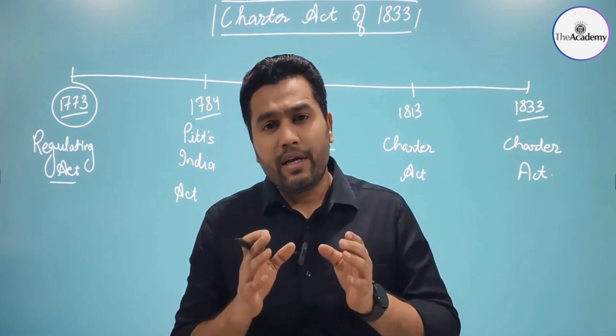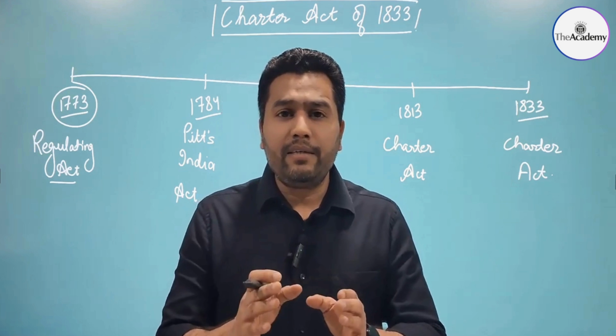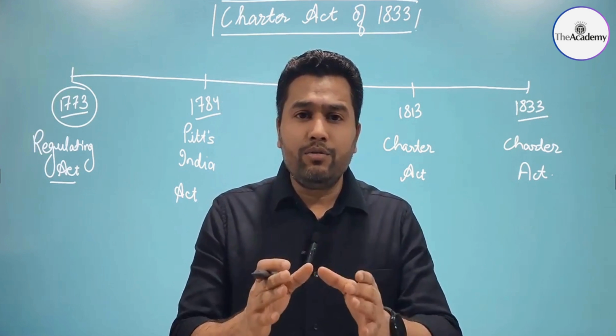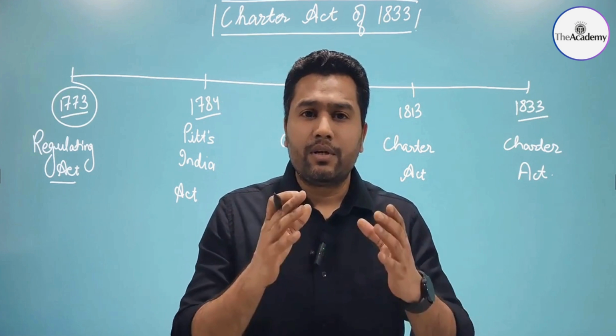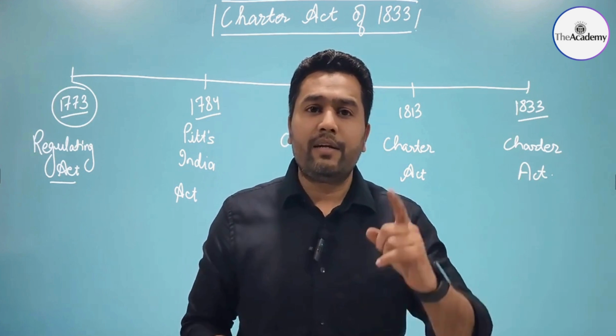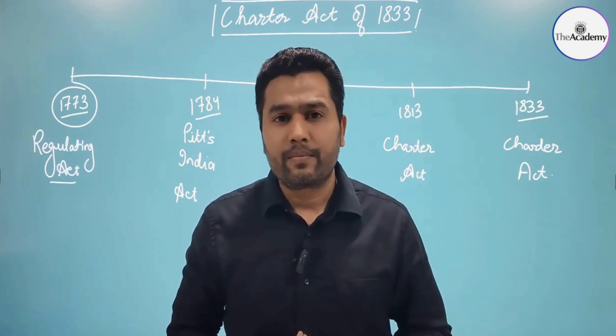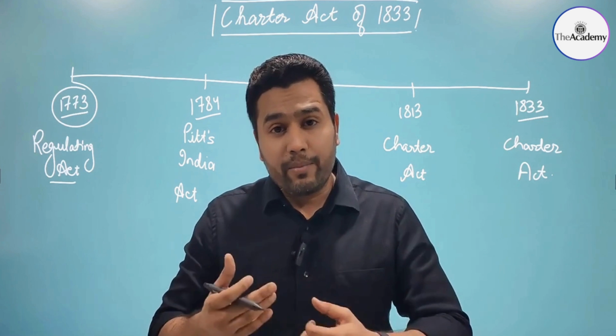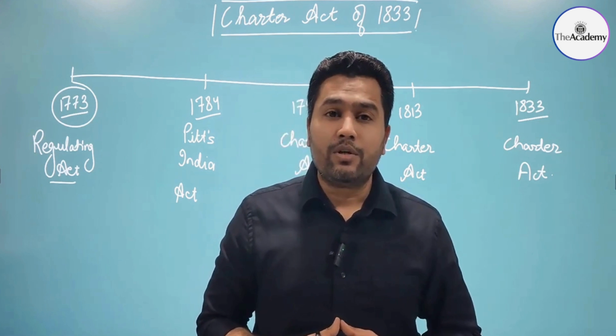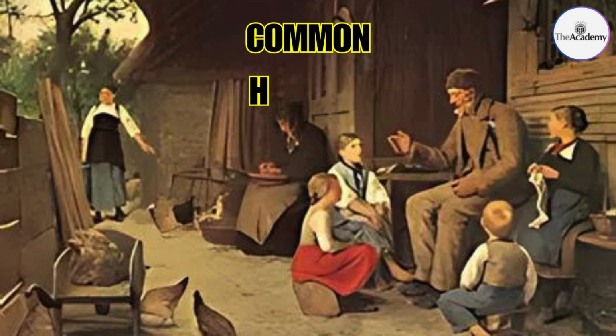In fact, the English claimed that both Hindus and the British, Indians and the British, had a common ancestry. And attempts were made by the British to claim a common heritage.